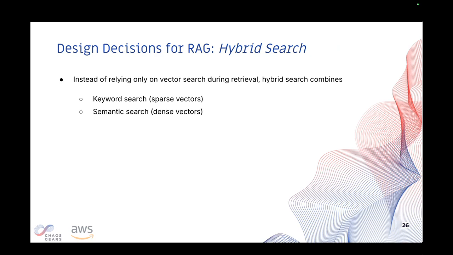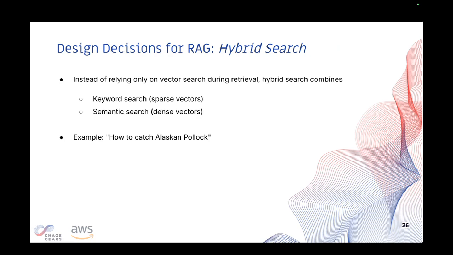And of course, we still use semantic search, which we already know, which is called dense vectors. And then you apply some fusion algorithm. It can be as simple as some average of both of those similarities to create a single value.